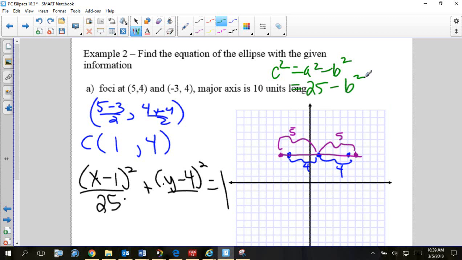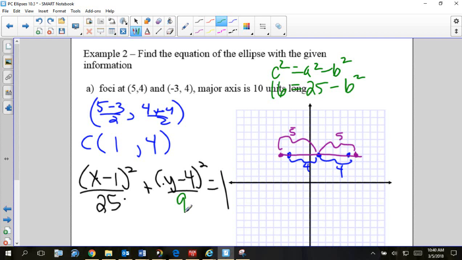The c by itself is 4, so c squared is 16. So 25, take away what number is 16? 9. 25 take away 9 is 16. We're using our foci equation to find the missing number.